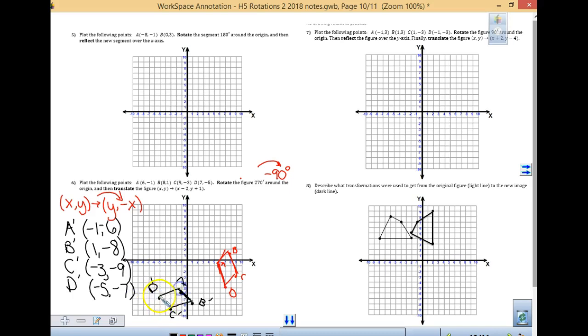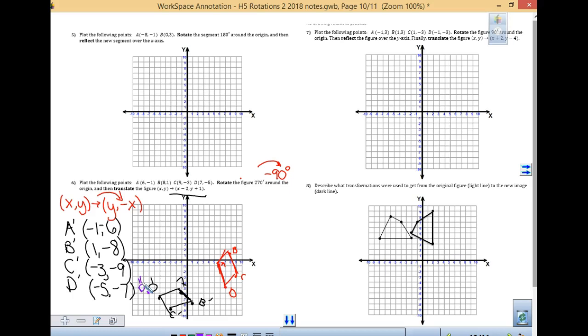Once you have those points, it now says you're going to do this last one. So you are now going to slide it how far to the left? I am probably not listing my points when I do this last one, right? I am going to move each one over 2 and up 1. This is my new D double prime. This is the one that you might want to highlight as you look at your answers.